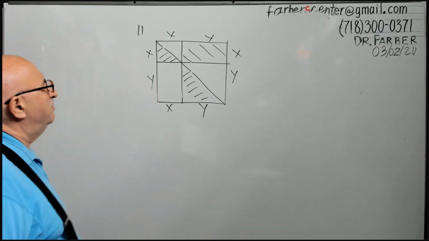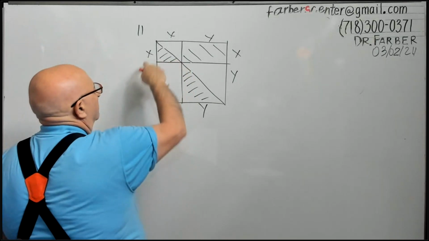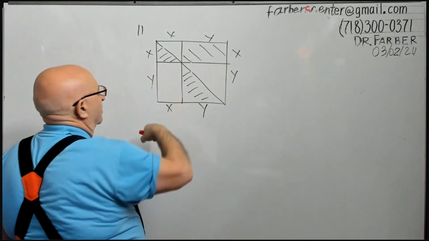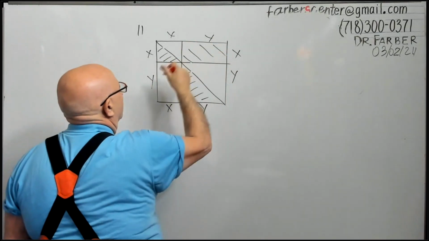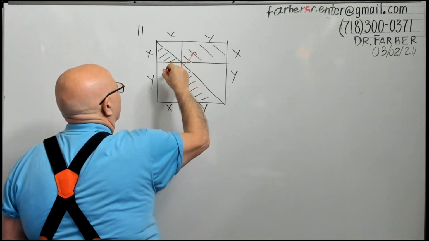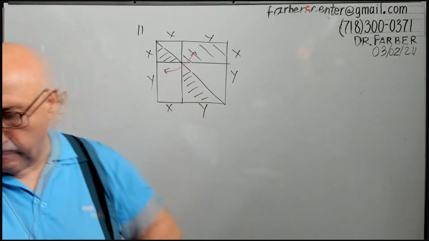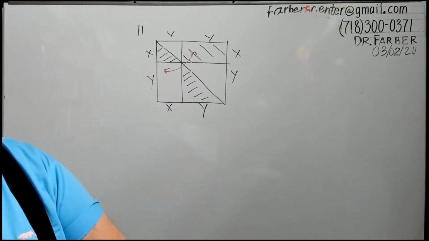Look at this. You see this rectangle white, and you see this rectangle black. They are congruent because their sides are yx and yx. So these two are congruent.